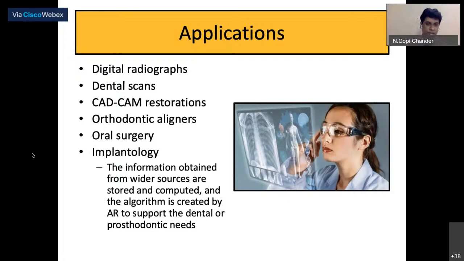Among these, CAD CAM restoration is very practically used, and in terms of treatment planning for your surgical and implantology protocols, it's greatly helpful. It has also been used in dental radiograph and scan interpretations. Apart from this, you have more diverse applications, which are going to be more practically applicable in the near future.